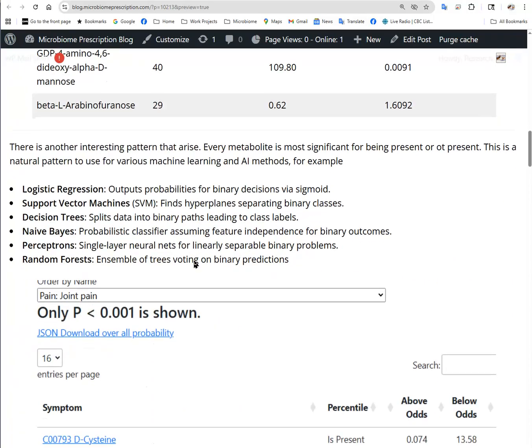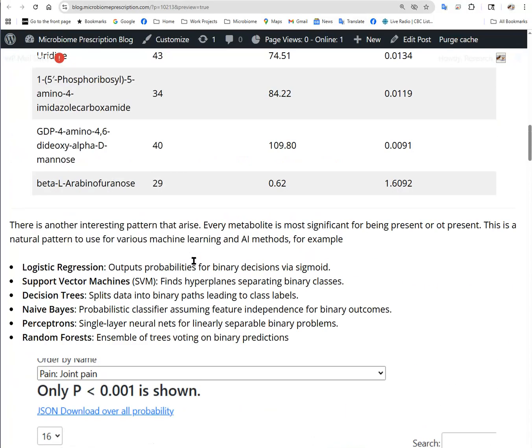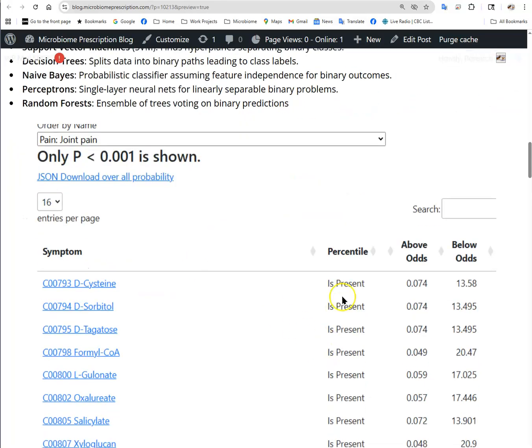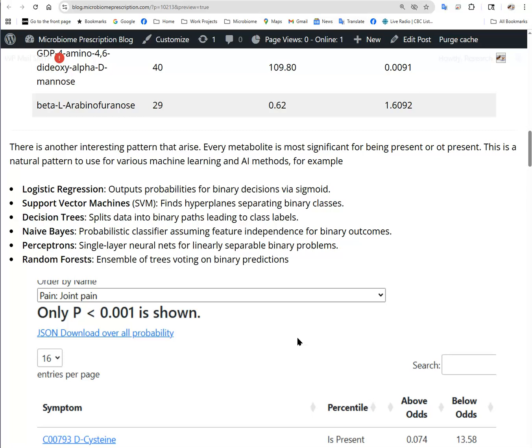Okay, the other scenario is where everything is present or not present, or zero, which is almost the same. And people express a little bit of confusion about looking at that. I don't, because guess what? I've taught artificial intelligence at university.